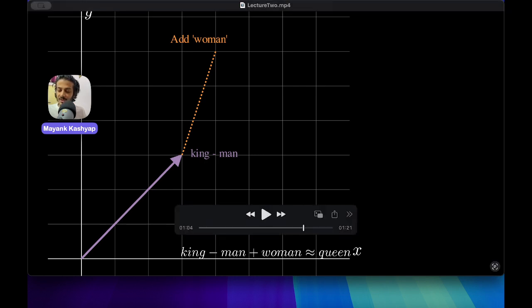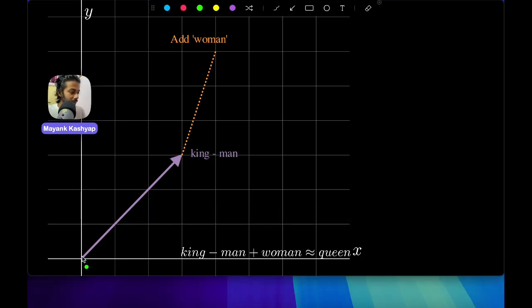Now assuming this is the woman vector. Okay, so we can exactly see this is 3 units, 1 on x and 3 on y. So let's represent this as woman here. So this is the woman vector.